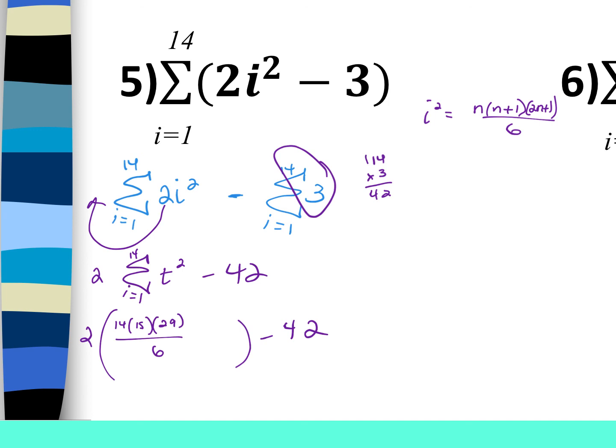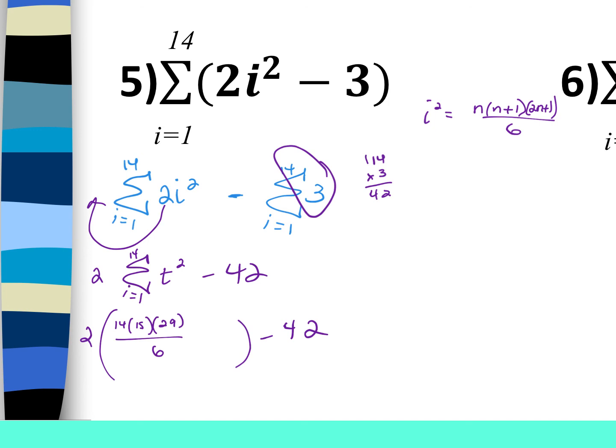Okay, I'm a little bit behind. Minus 42, and then the n times 2 is the number at the top if the bottom number's 1. Now I could do 2 into 6 and then 3 into 15. You can simplify that however you want.